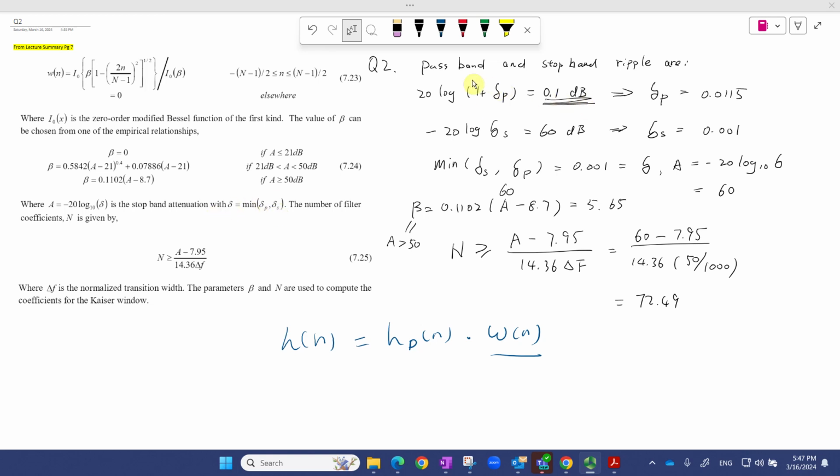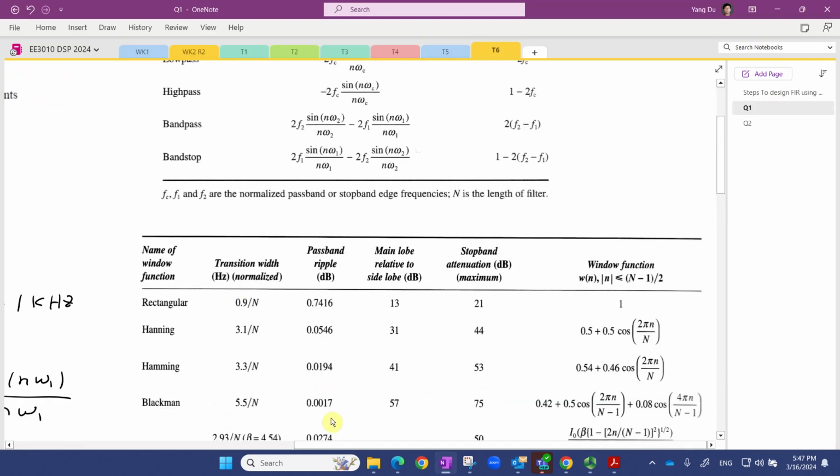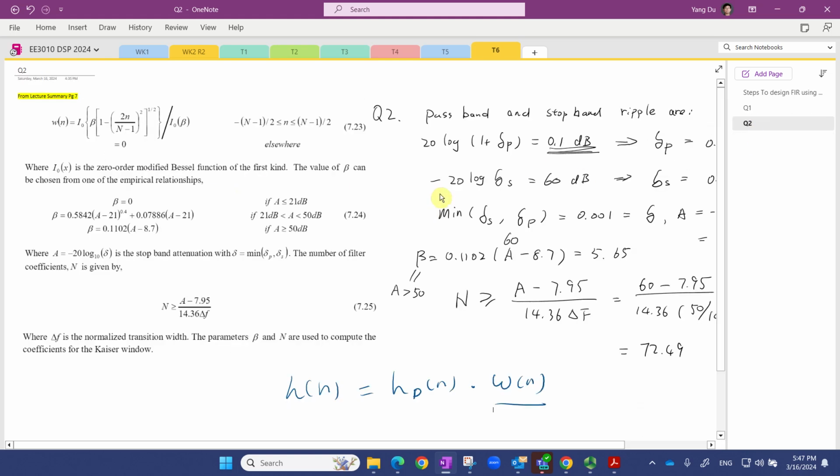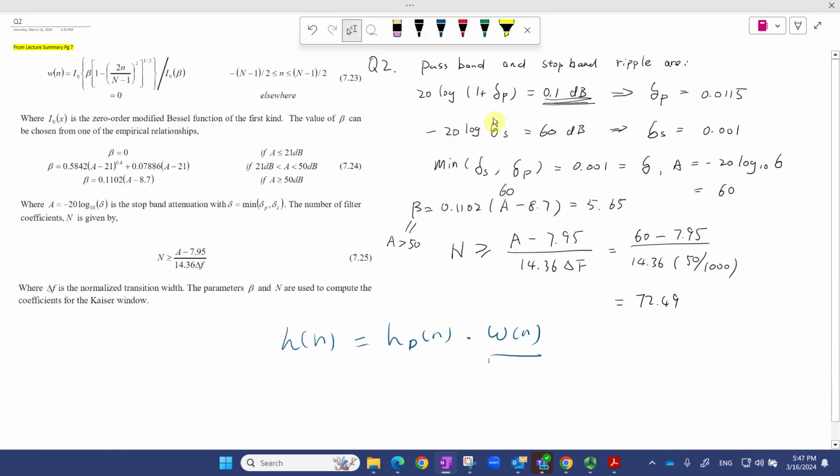Okay, so first we need to find how much the pass band ripple is. Where's the question? So the question is here. The pass band ripple is 0.1 dB. Okay, so we want to convert it back from dB. 20 log of 1 plus that equals 0.1 dB.